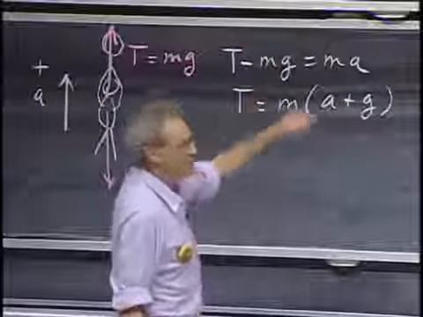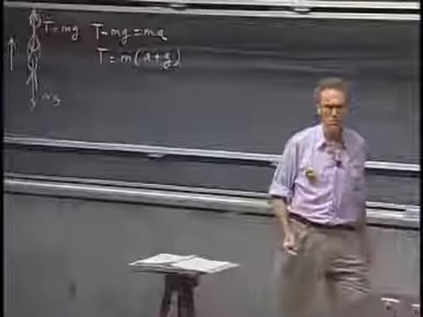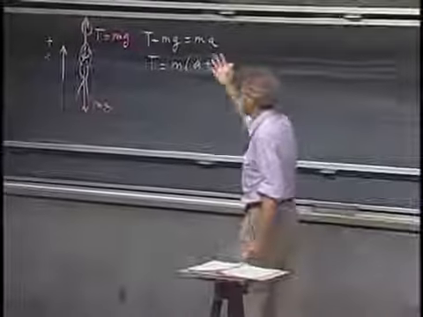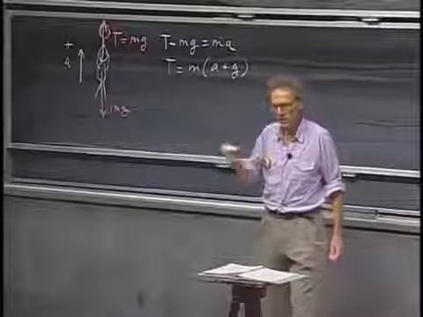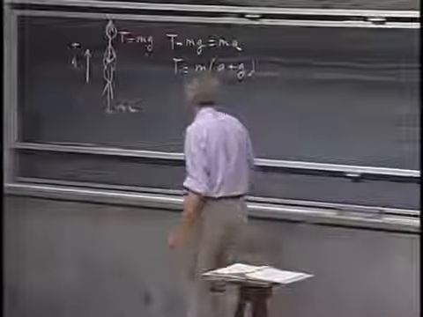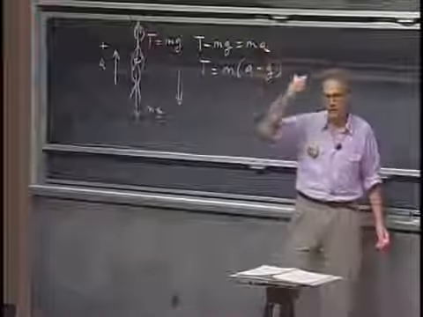We've seen that before. No difference with the elevator. You accelerate the system, the tension will increase, and you will read that on the scale. Your weight has increased. You weigh more. Needless to say, if you accelerate the system down, you will weigh less. We just went through that argument.